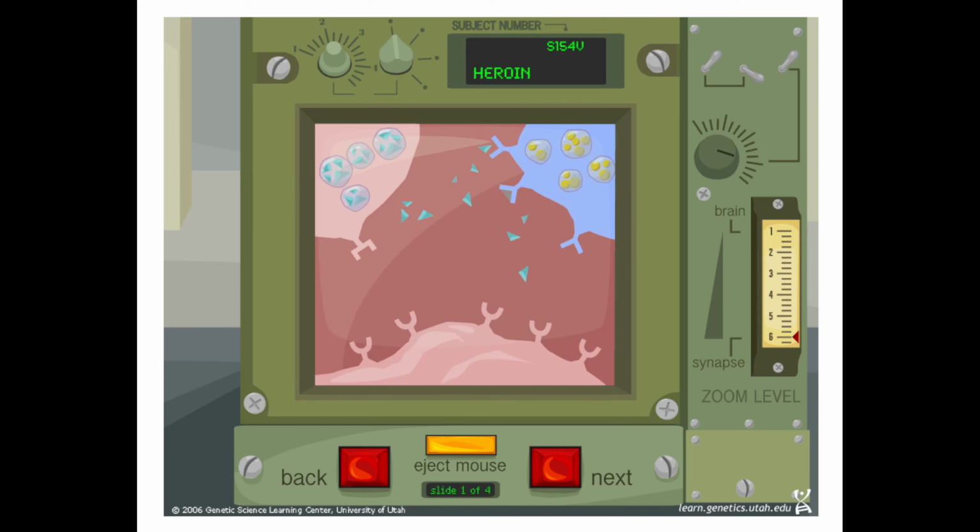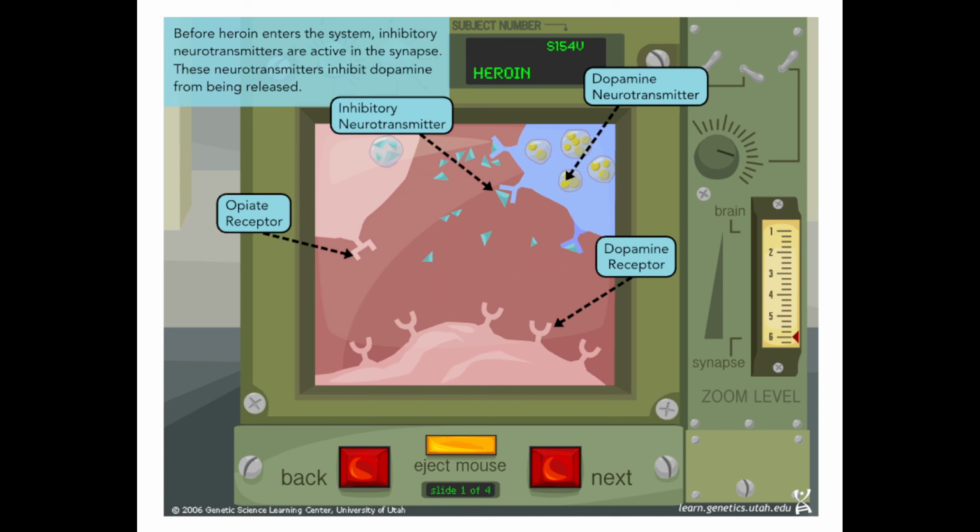Naturally, these inhibitory neurotransmitters, these little blue triangles, come in and bind to these receptors and stop the dopamine from being released into the system. Remember, dopamine is the neurotransmitter responsible for those positive effects, positive mood, and feelings of wellness, depending on where it occurs in the brain. So normally, this is what happens. This is normal functioning here.